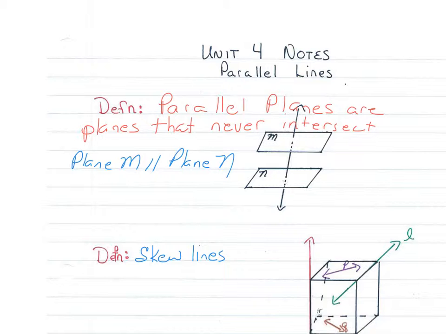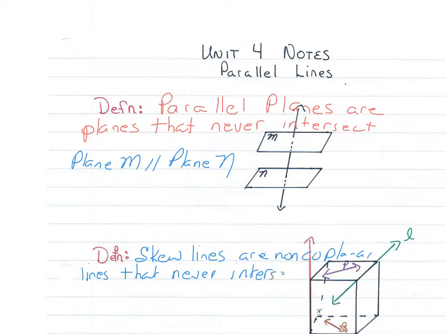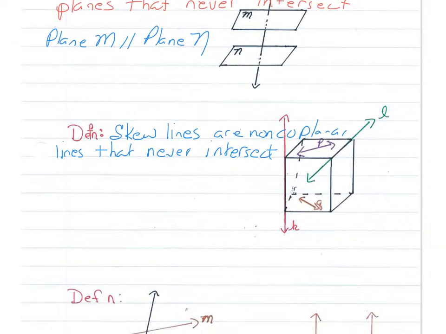Skew lines are non-coplanar lines that never intersect. We have looked at skew lines before, but we'll just look at it again so we remember what skew lines are.